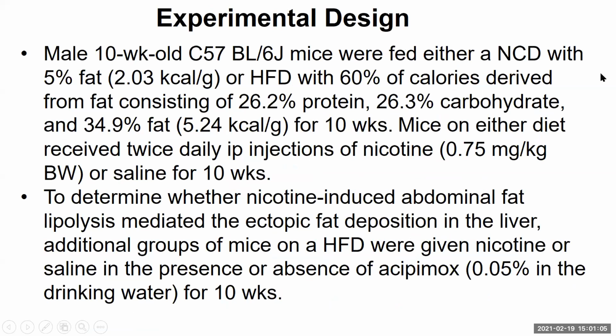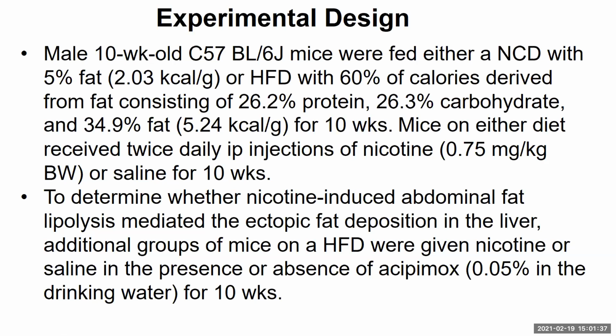So to test the hypothesis, male C57 black 6 mice were fed either a normal chow diet or a high-fat diet with 60% of calories derived from fat. Mice on either diet received twice daily IP injections of nicotine, 0.75 milligram per kilogram body weight, or saline for 10 weeks.